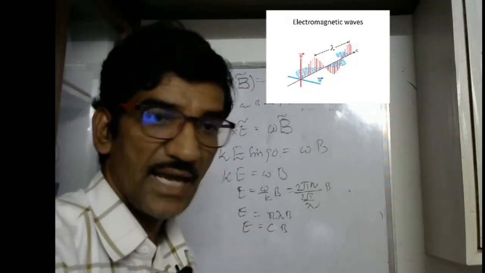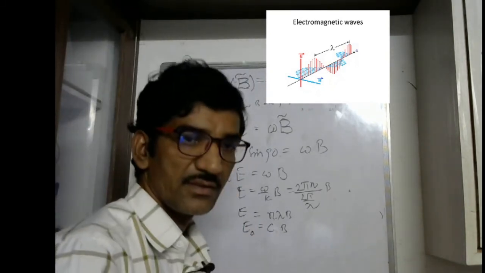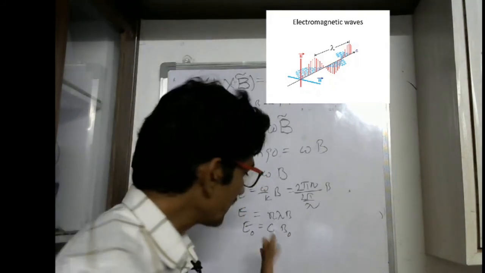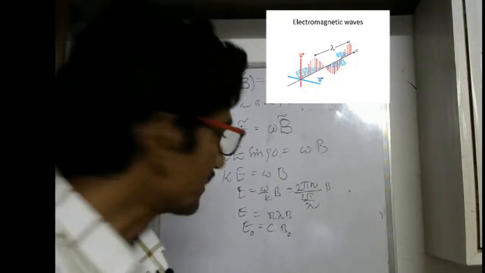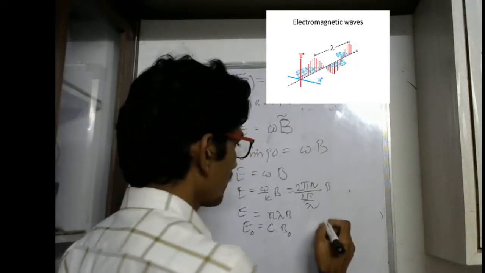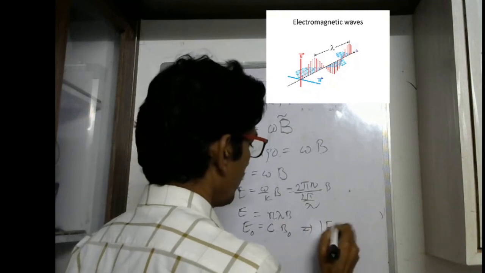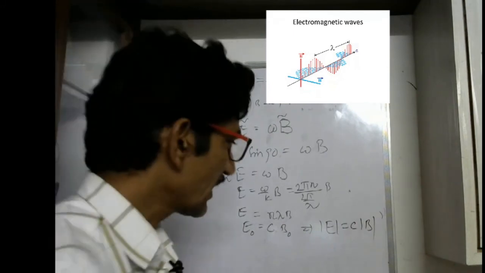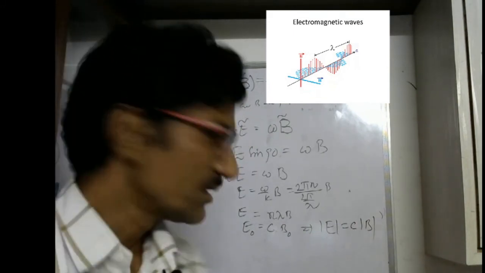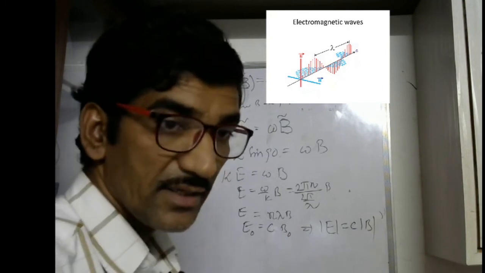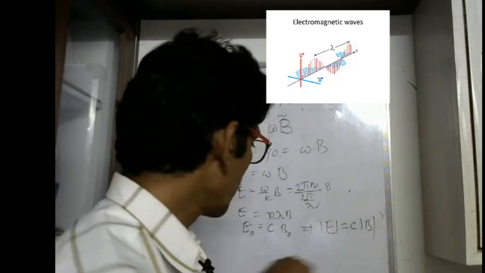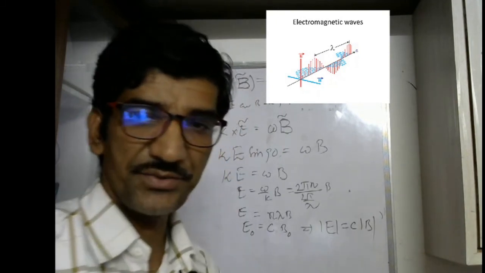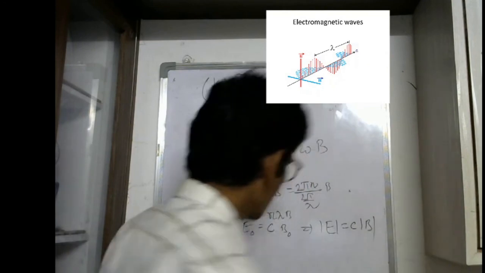What are these things? Magnitudes, the amplitudes of E and B. Amplitudes of E and B are related with these equations, or simply you may write mod E is equal to C times mod B. Simply, E naught is equal to C B naught, if you take the magnitudes of those things, right?